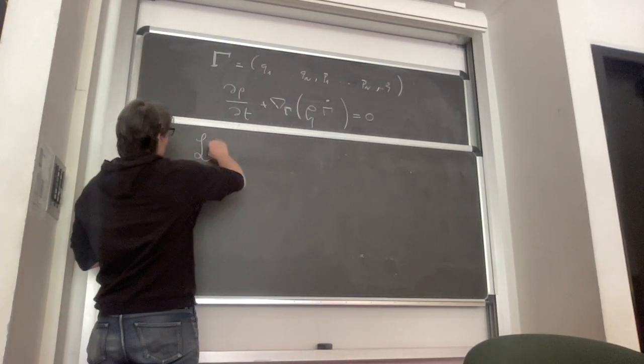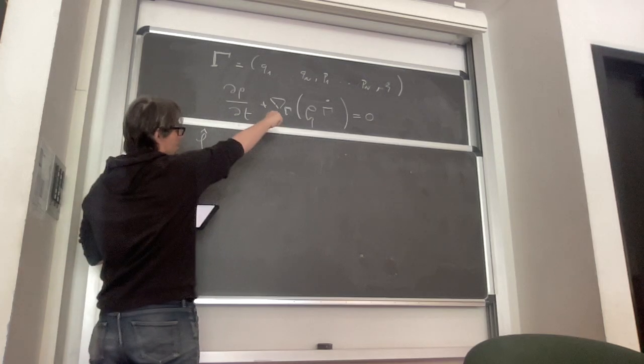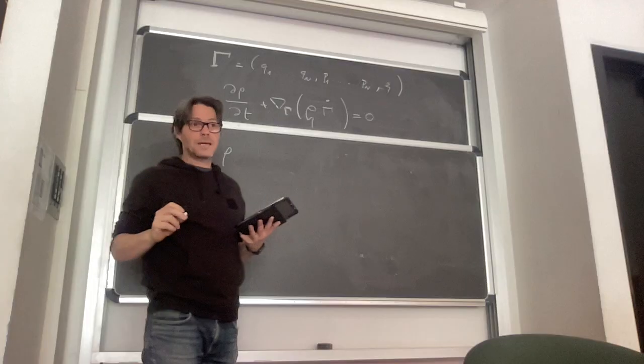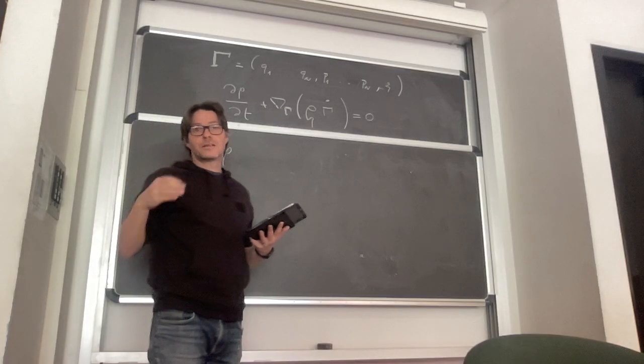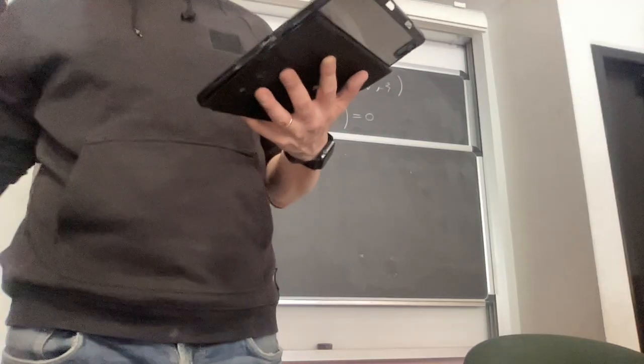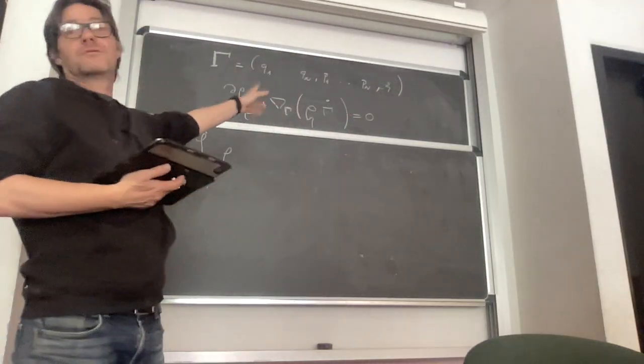Well, it's instructive to look at the Liouville operator acting on rho. Remember, the Liouville equation can be written as a Schrödinger equation in imaginary time with a Liouville operator, which basically represents the right-hand side of this equation times rho.